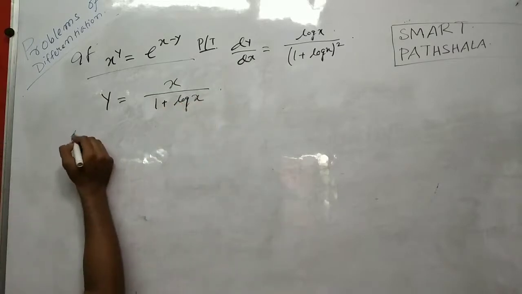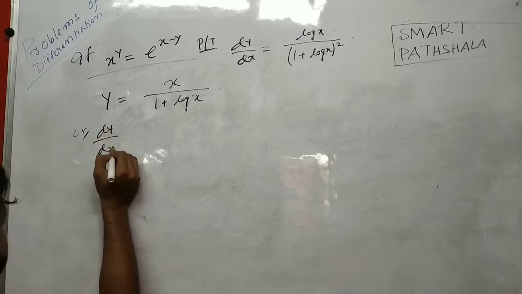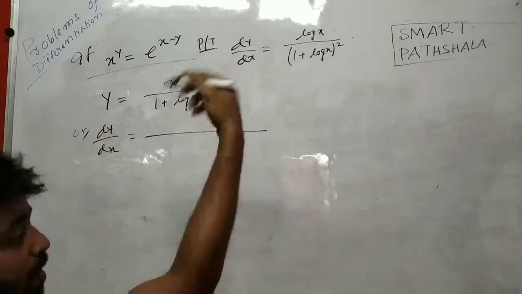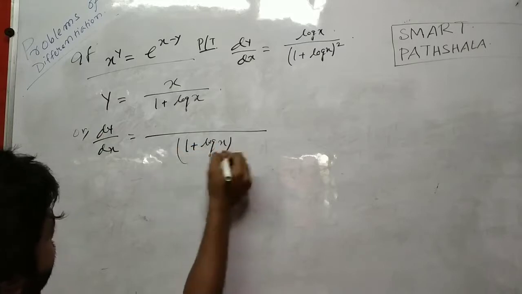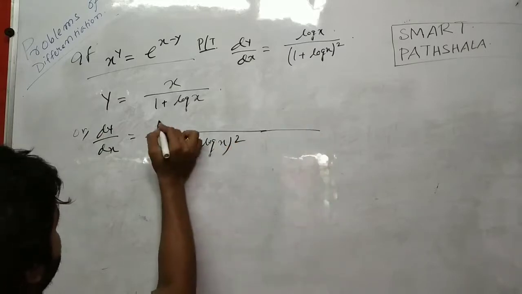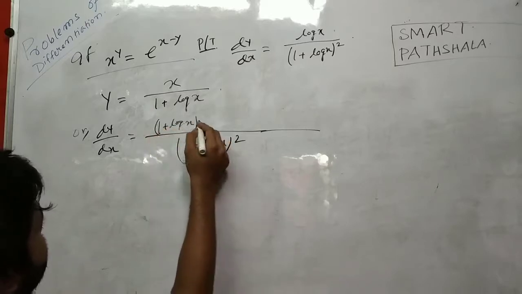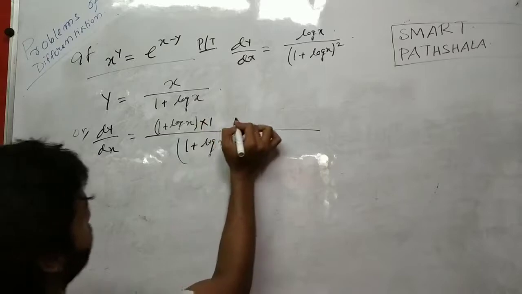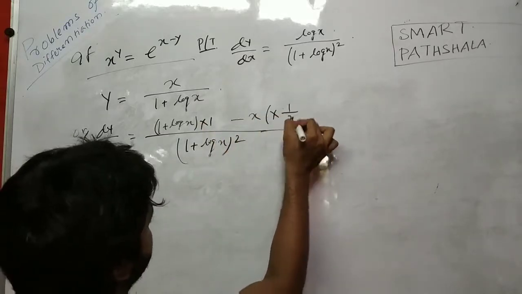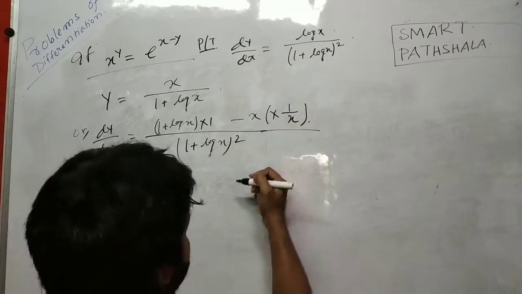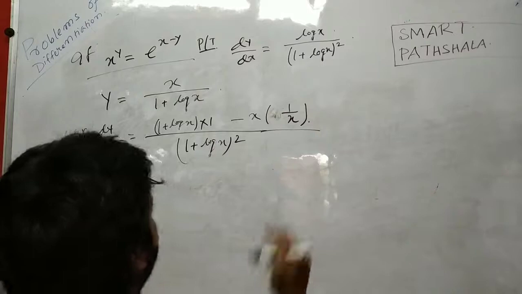After differentiating, we will have dy/dx, and here obviously the u by v rule: 1 plus log x whole square in the denominator, and in the numerator (1 plus log x) times 1, minus x into 1 by x.